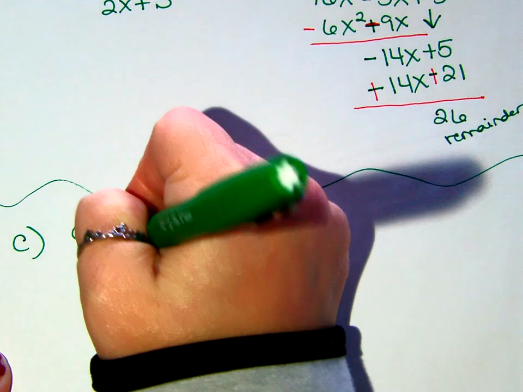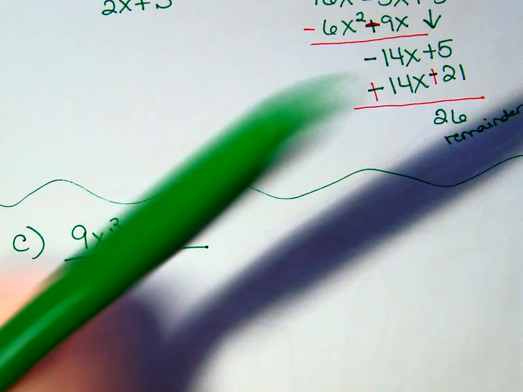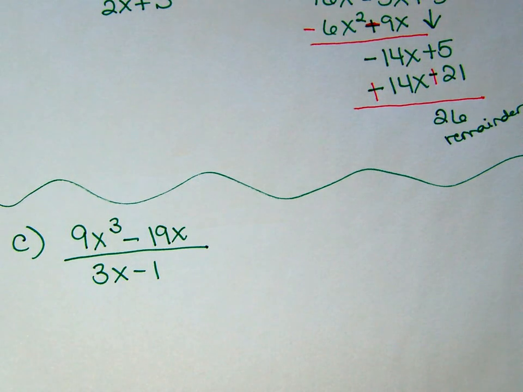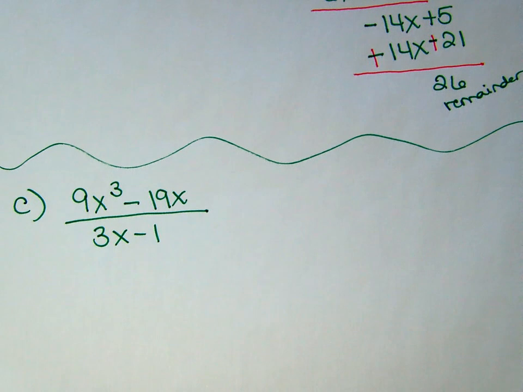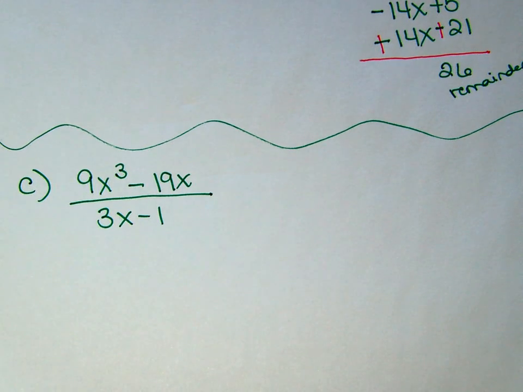Now yours may show different numbers, so I can't tell you which number it is because it may be 7 and 12 instead of 9 and 19. But this one has an important principle at play with the polynomial that's on top, and we have to talk about it.